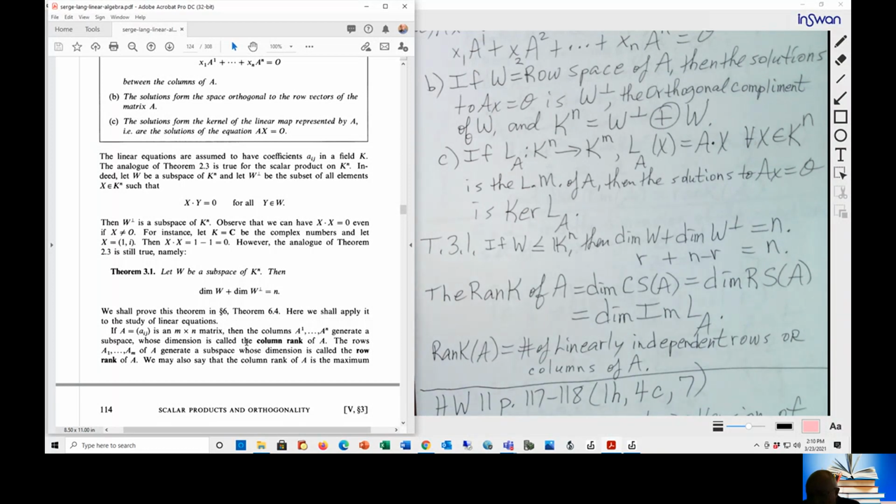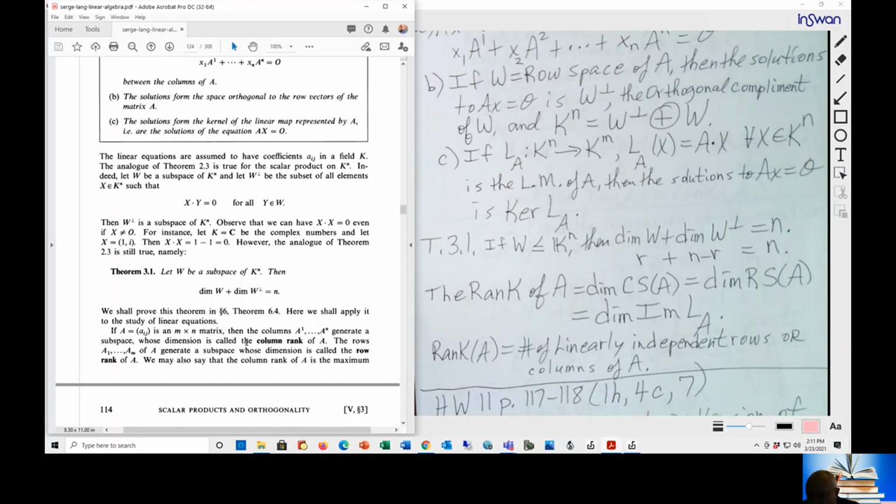And it's also the same as the dimension of the image of the linear mapping. So here's a very important equality. The rank of matrix A is the dimension of the column space of A, equal to the dimension of the row space of A, which in turn is the same number as the dimension of the image of L sub A. So there we have it.